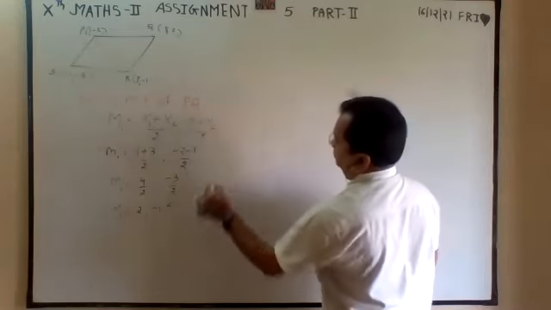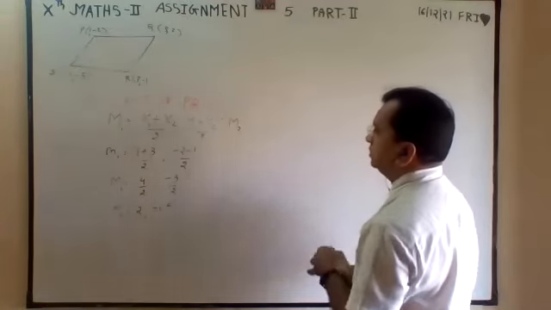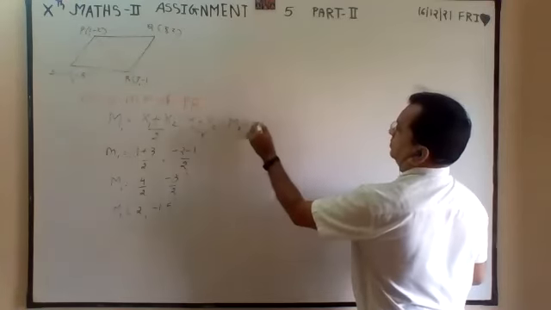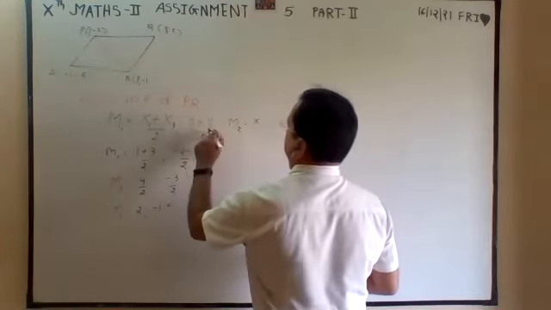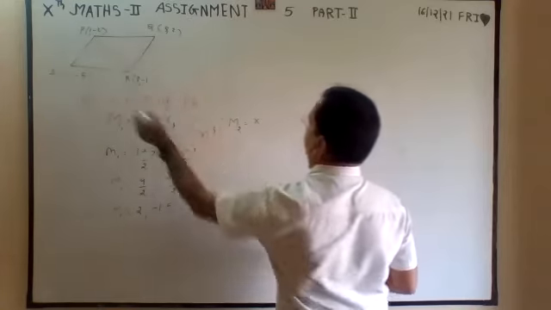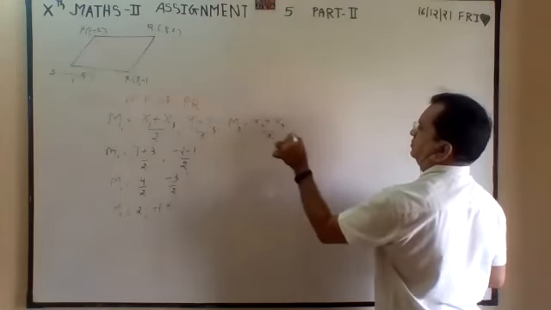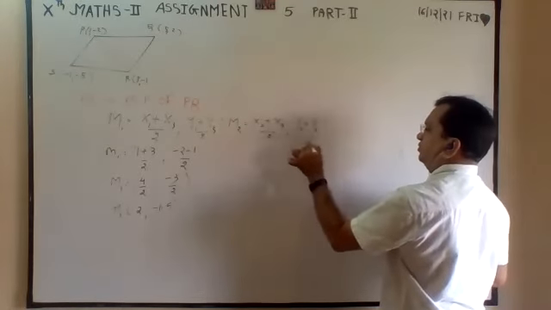Okay, same, M2. This you can take as 3. 1, 3, 2 and 4: x2, x4, y2, y4.